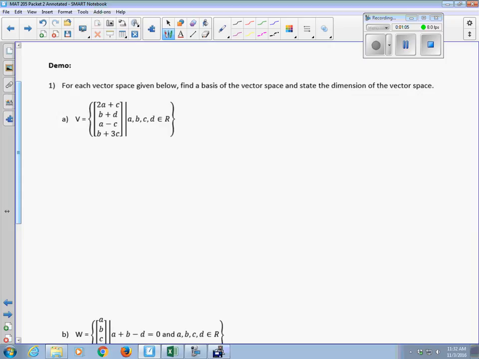All right, so for a basis, first let's think about a spanning set, right? So I'm going to try to pull this apart like in parametric vector form. So all my vectors look like something times a plus something times b.